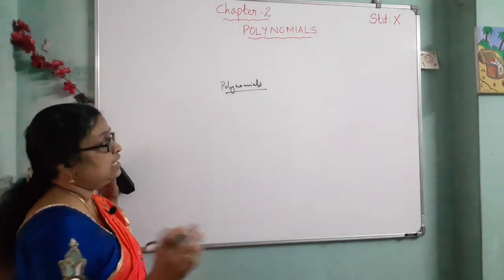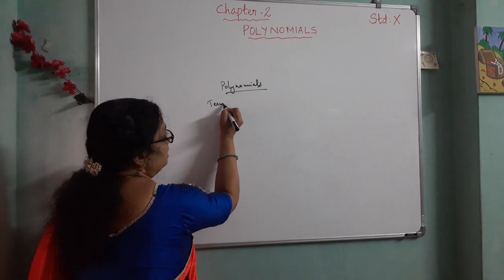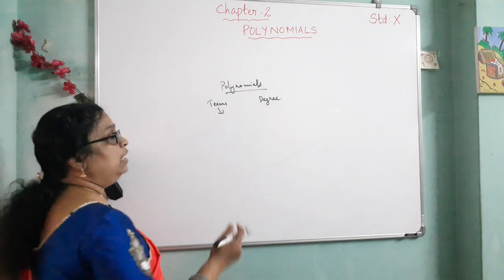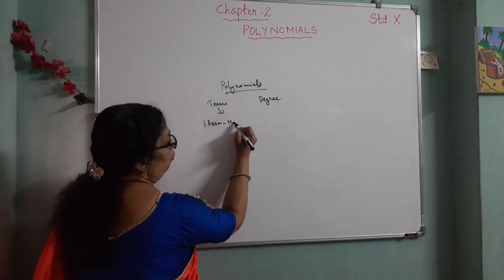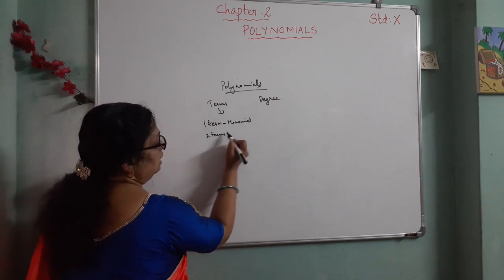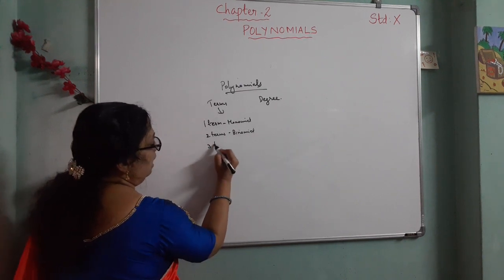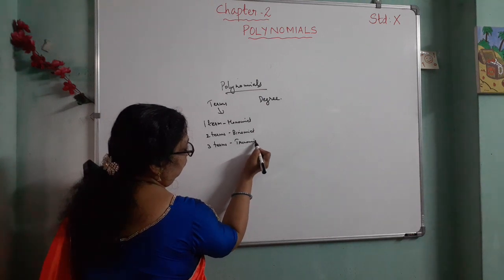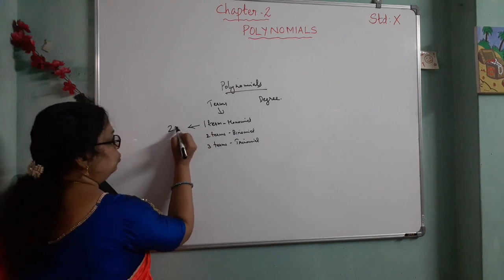Next, we studied that polynomials can be classified according to terms and according to their degree. If a polynomial has only one term, it is a monomial. If it has 2 terms, it is a binomial. If it has 3 terms, it is a trinomial. An example of a monomial is 2x.